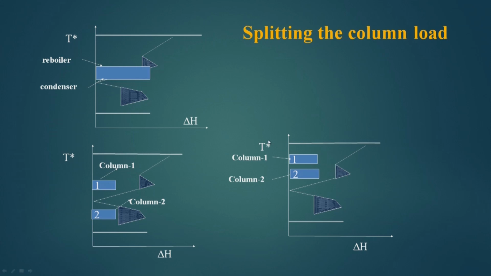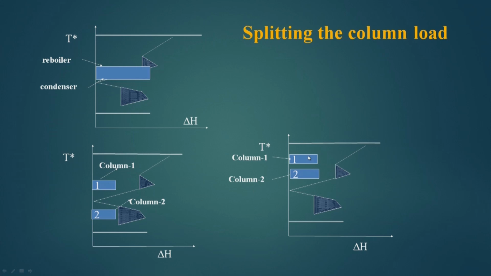The same is shown here. This is the distillation column, which is not fitting into the GCC. I break it into 2 columns and then place one column above the pinch and the second column below the pinch, and while doing so, these 2 columns run almost free of cost.